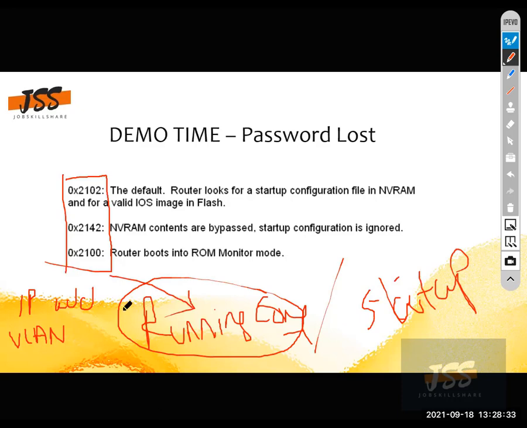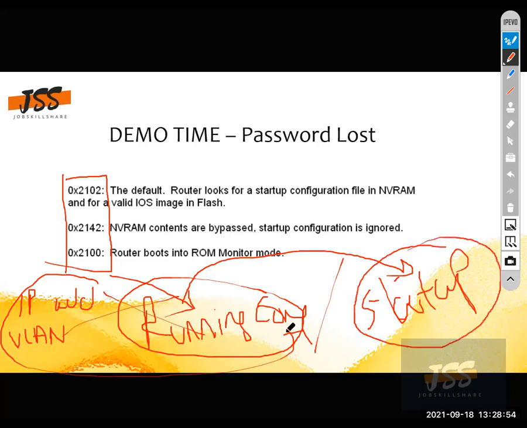But if the power is lost, if there is a power outage, all this information will vanish. That is the reason we save everything in a startup configuration. So when the router or the switch boots up, they get all the information from where? From startup configuration.